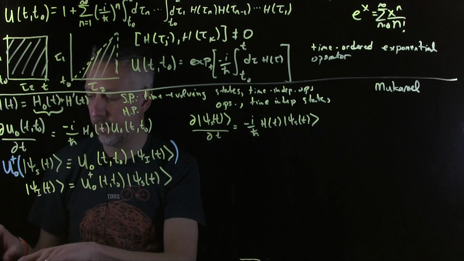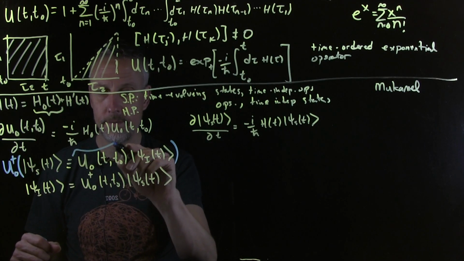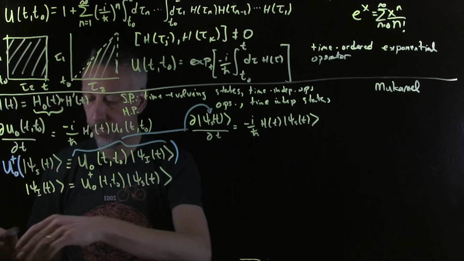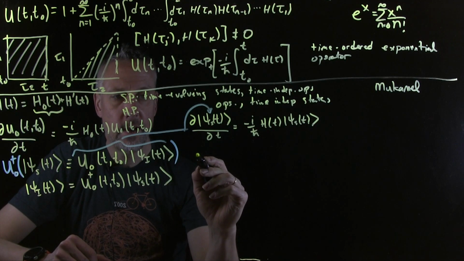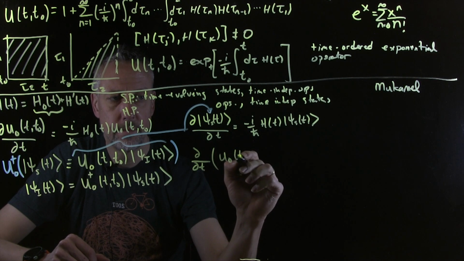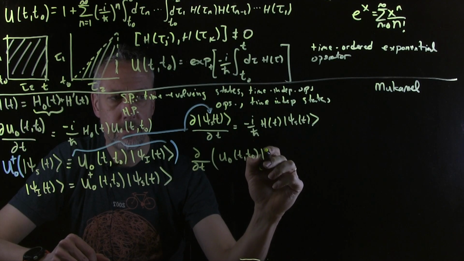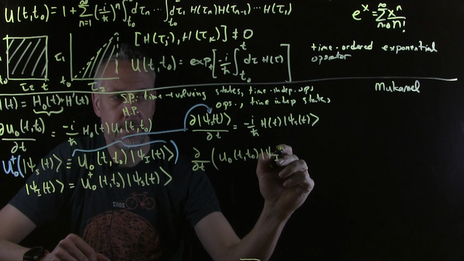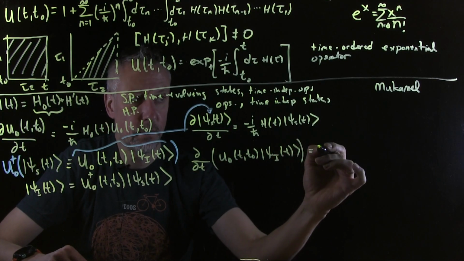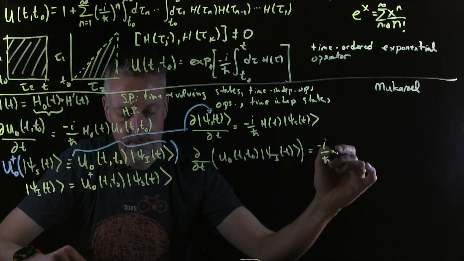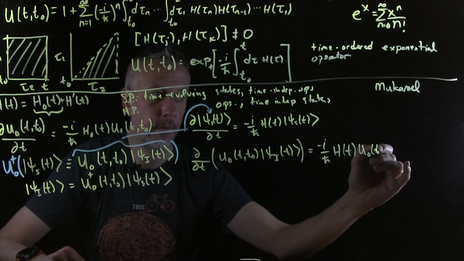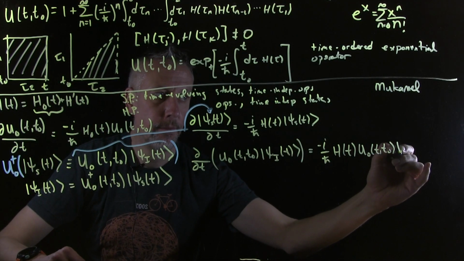So we take this piece and we put it in here, and here, of course. So we'll have the time derivative of U naught psi I is equal to minus I over h bar, h, U naught psi I.